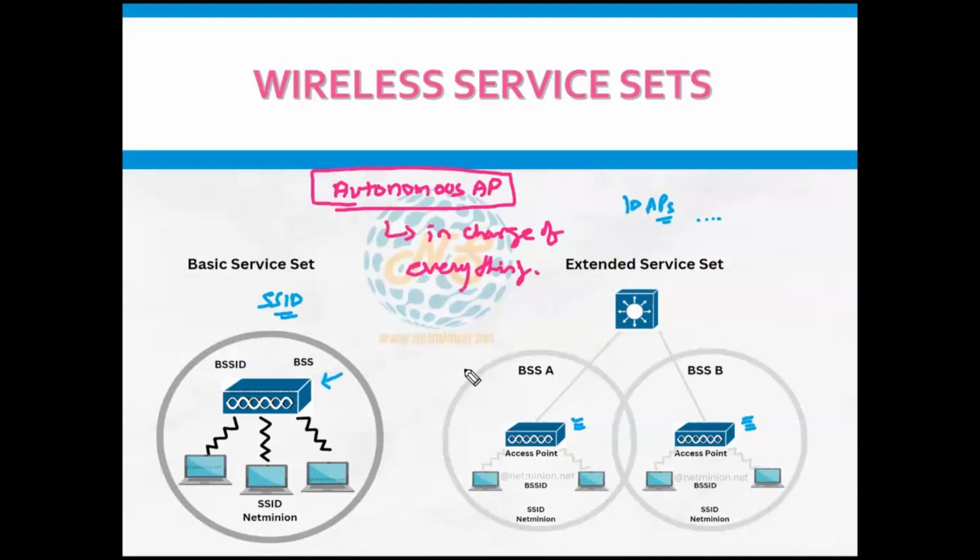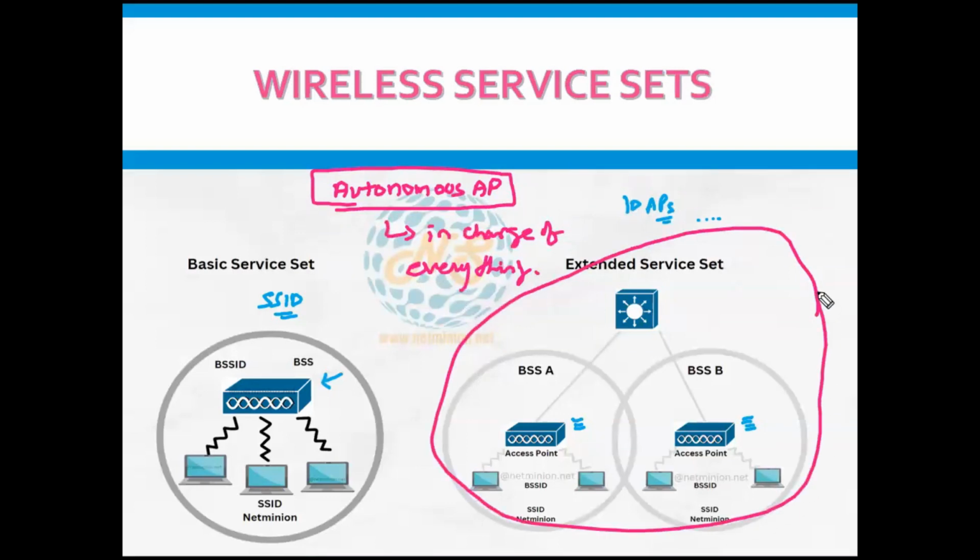It is a standalone management wireless controller type, you can say, a little controller, a bit like your WLC. But when you have a much bigger design, we cannot go with this approach, because now the AP is responsible for all of the things.